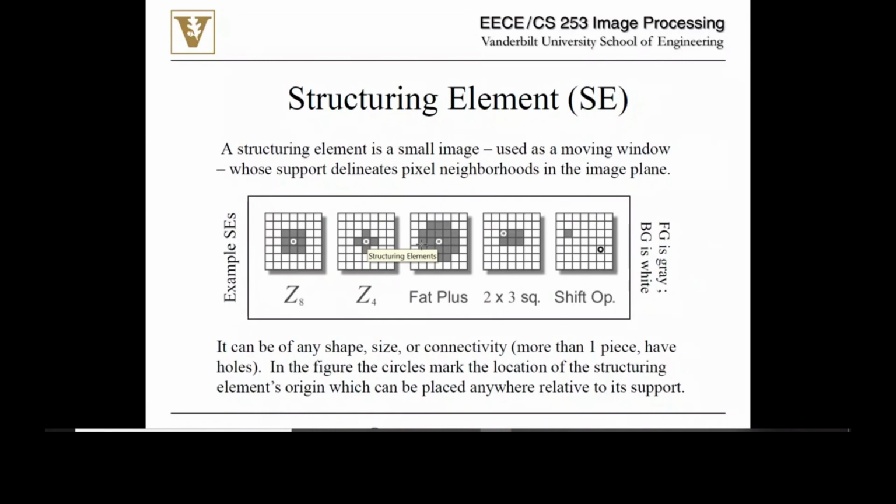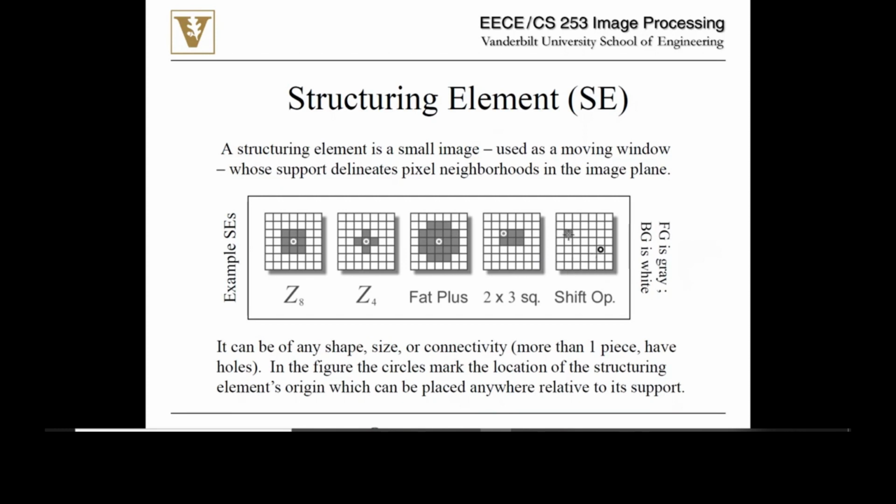that you like. So you may define this one, they don't have to be centered or symmetric around the center. Even the central pixel may not need to be active. For instance here, the only active pixel is away from the origin. The origin is marked with a circle.